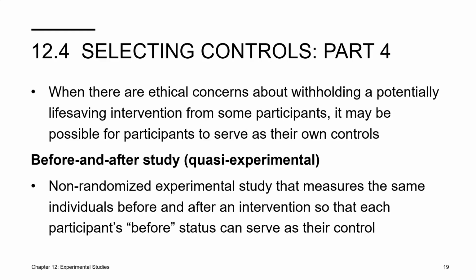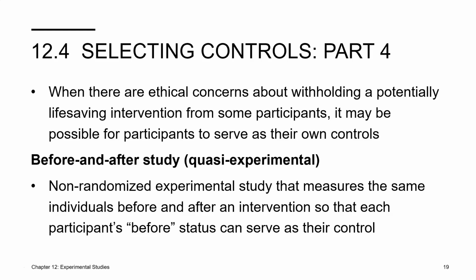When there are ethical concerns about withholding a potentially life-saving intervention from participants, it may be possible for participants to serve as their own controls. So if you want to have a before and after study, this is considered a quasi-experimental study. This is not done just with traditional experimental studies.